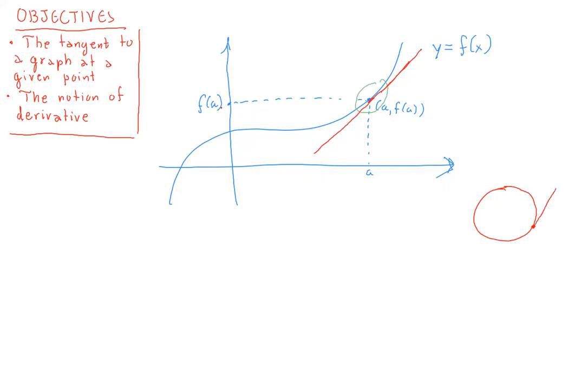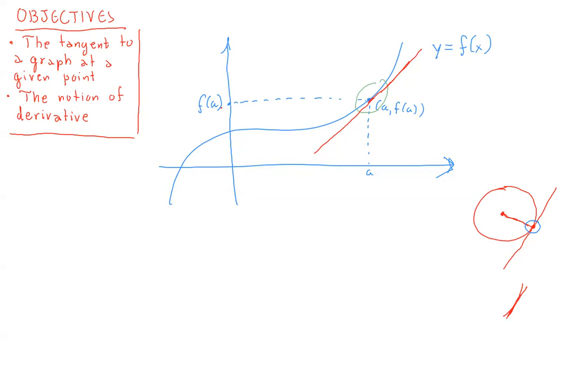In fact, the tangent is known to be perpendicular to the radius of the circle at that point. Okay, and in some sense, it does pretty much the same job. So if you look very, very close to that particular point where the tangent meets the circle, and if you want, you can magnify it, then you can see how the circle and the line look very, very close to each other. And that's exactly what we're trying to achieve in this particular case.